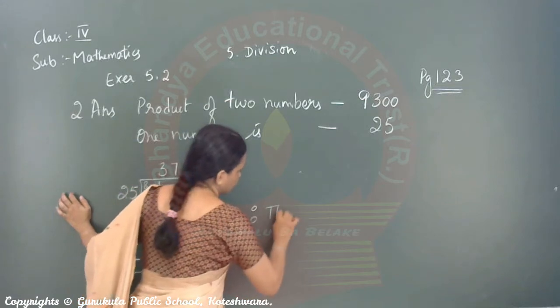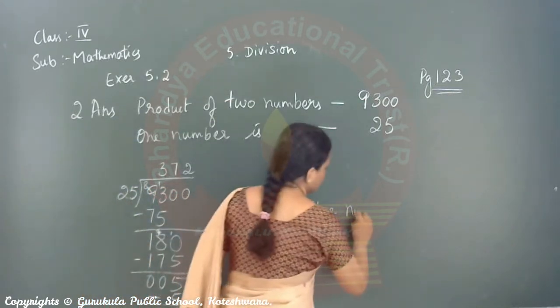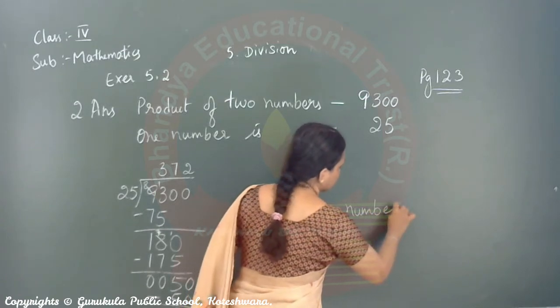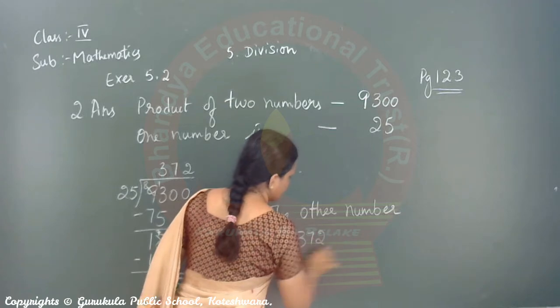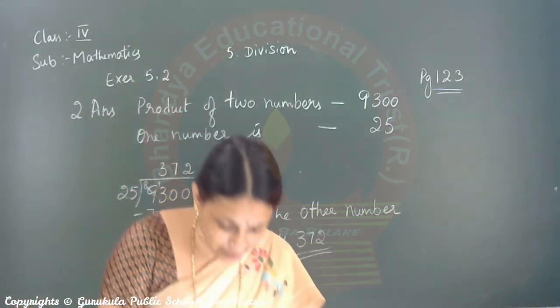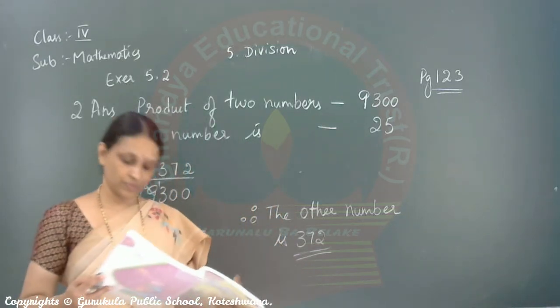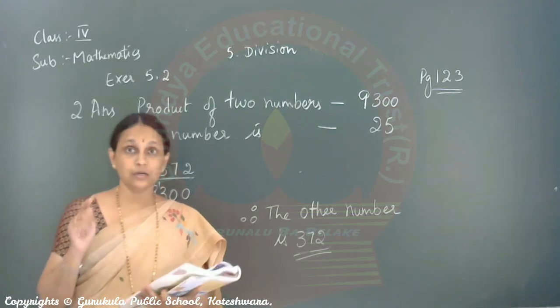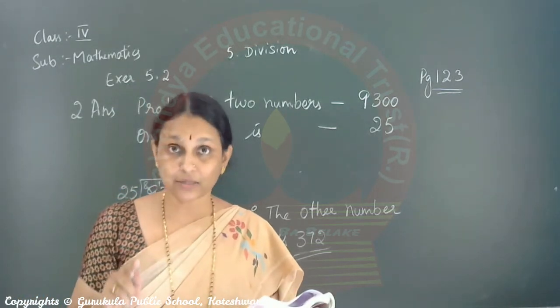Therefore, the other number is 372. Yes? Okay. Now, we are in the third sum. I'll read out, children. You have to read out on your own also and understand the sum. Okay?